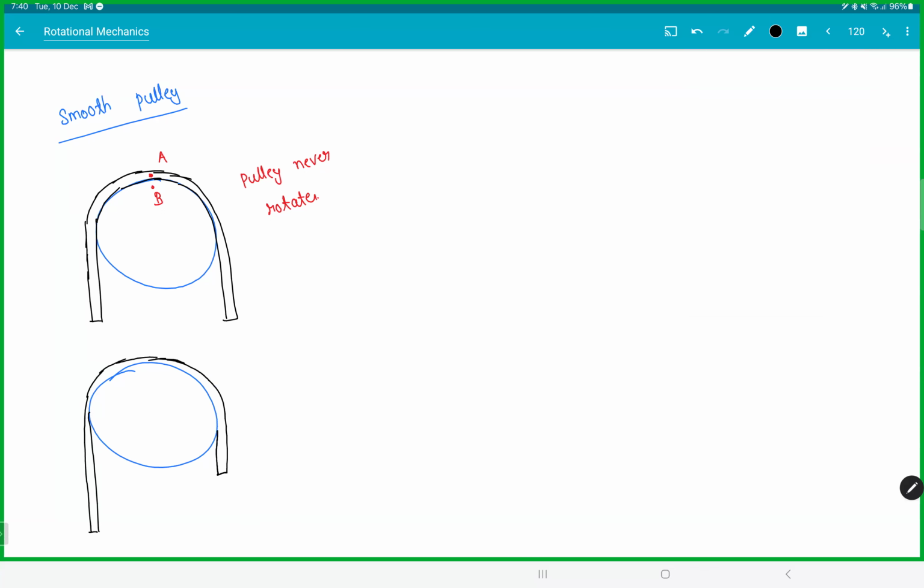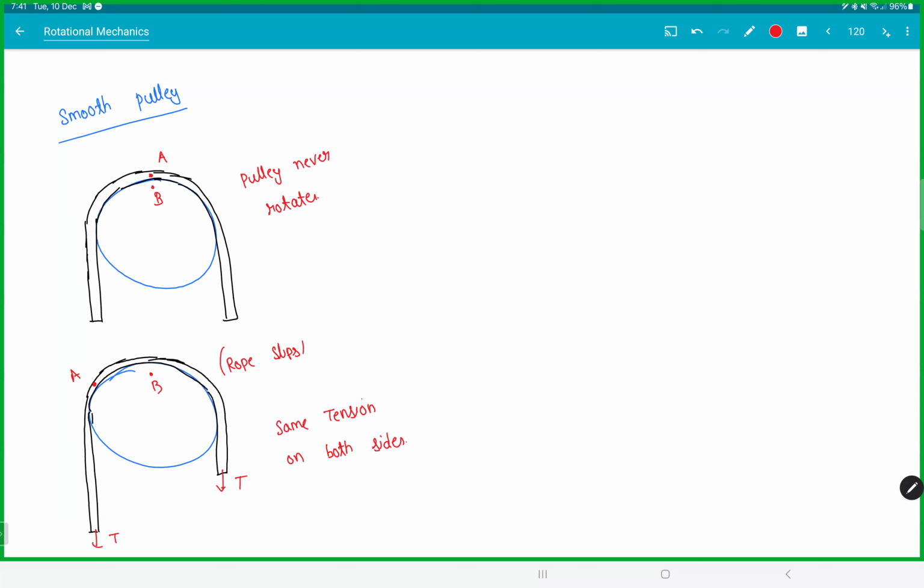When the rope has come like this, point A must have come somewhere here, but B is still here only. Are you getting it? The rope is simply sliding over the pulley. So there is slipping. And if you look at the tension on both the sides, tension is same on both the sides.